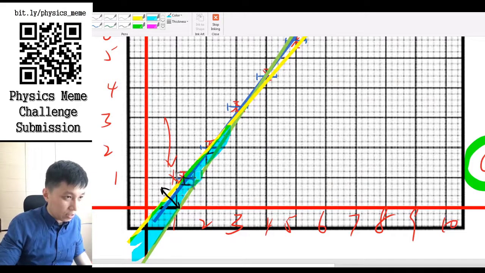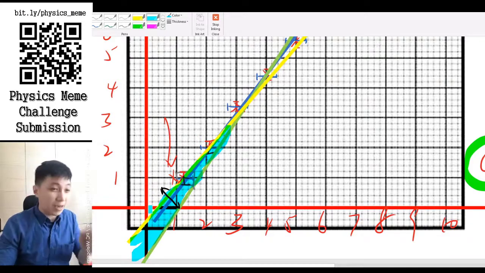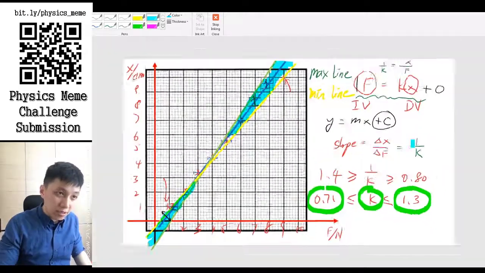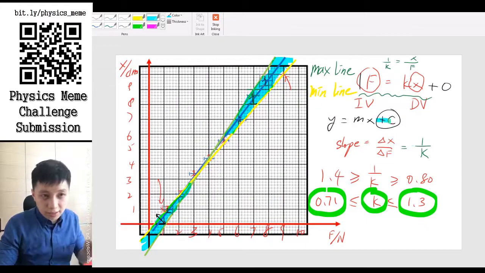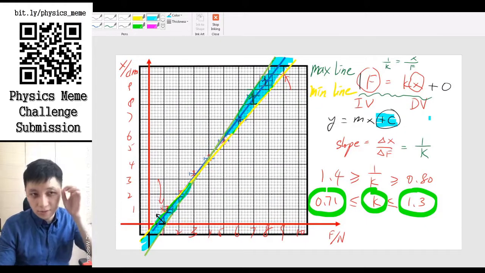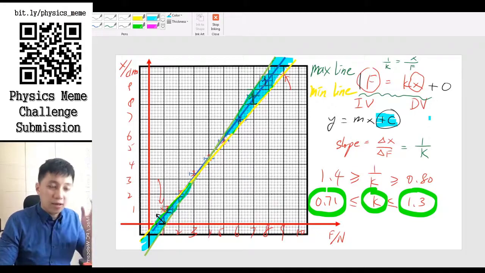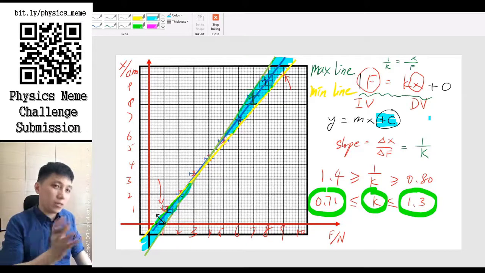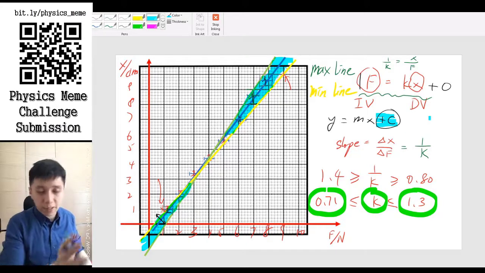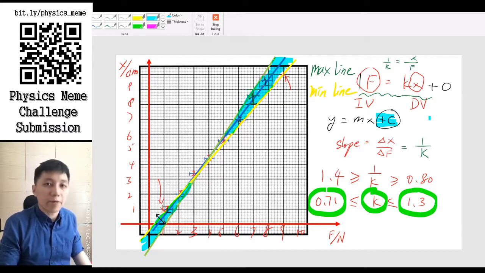You can clearly see that the origin is not being covered by this area. That is to say, you must have a certain non-zero y-intercept in the relationship of your practical data. That means there must be some systematic error.